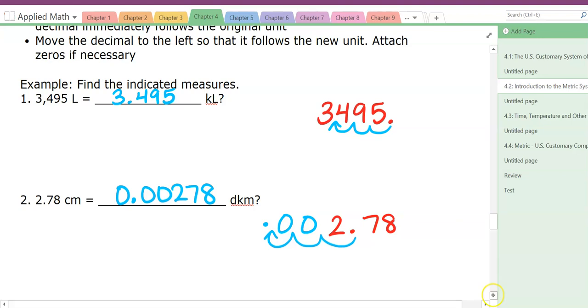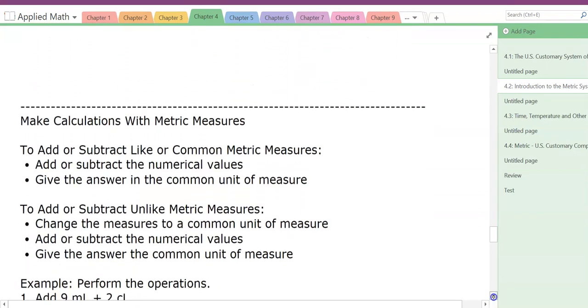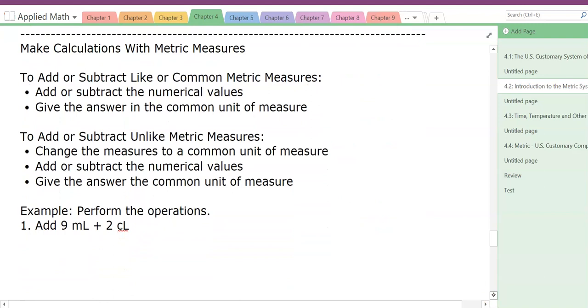Okay, the last thing we're going to talk about is making calculations with metric measures. So we're going to talk first about adding and subtracting. If they're like each other, so if they're both in centimeters or both in milligrams or both in kiloliters or whatever it might be, you can go ahead and add and subtract them, keep that same unit of measure and attach it to the end.